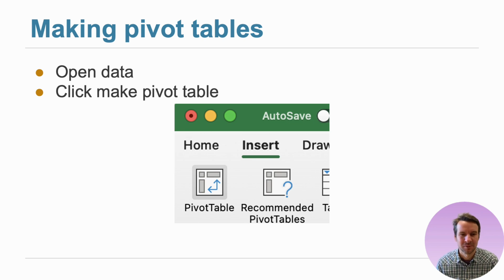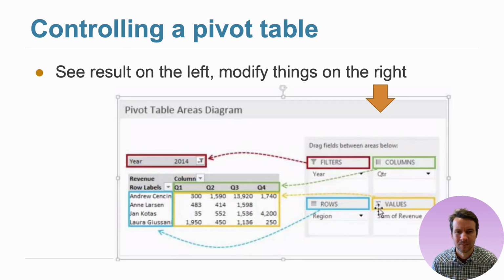So how do you make a pivot table? It's fairly easy. You open your data that you have in Excel, and then you go to the tab Insert and click Pivot Table, and that's all you have to do. Once you create your pivot table, you decide how the table looks.